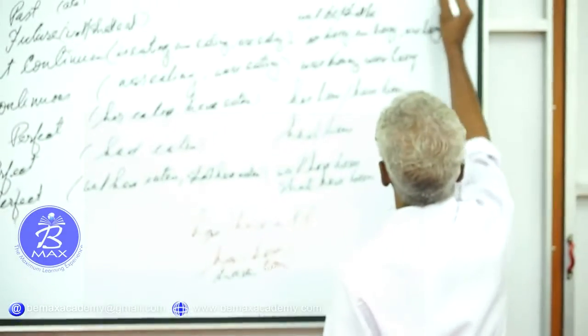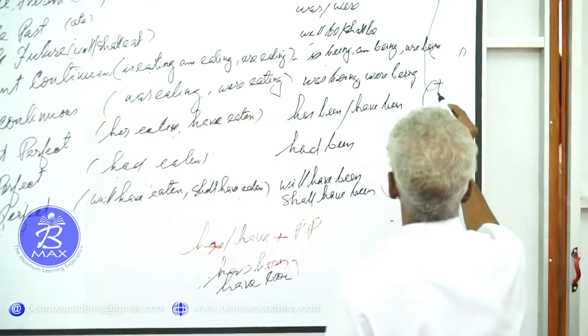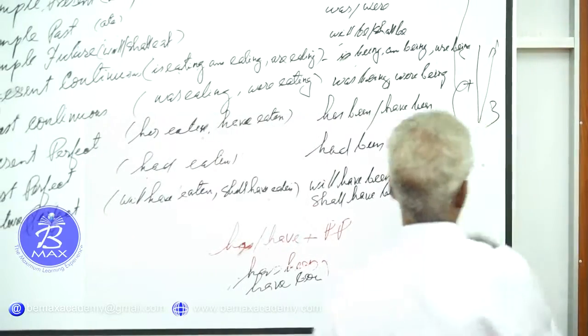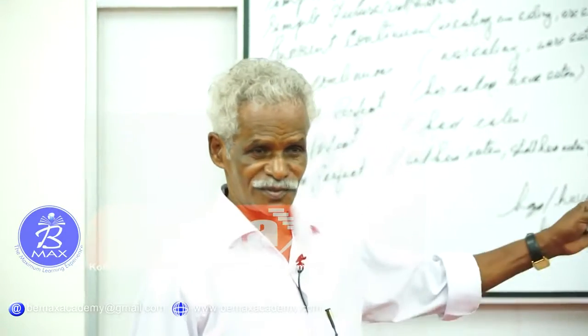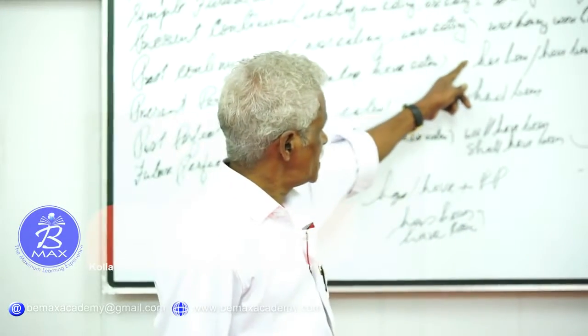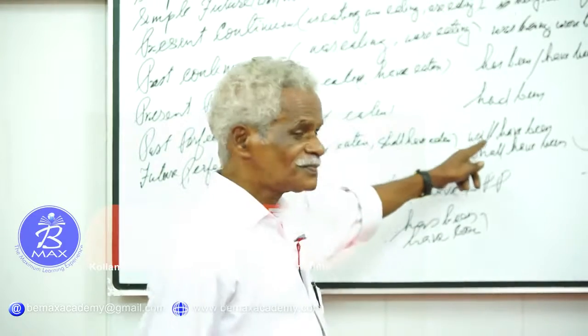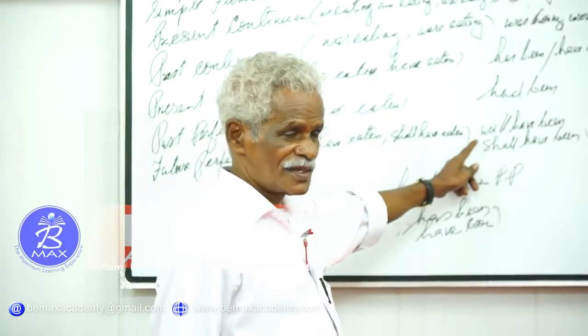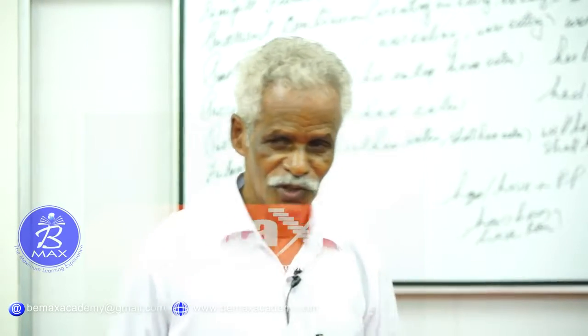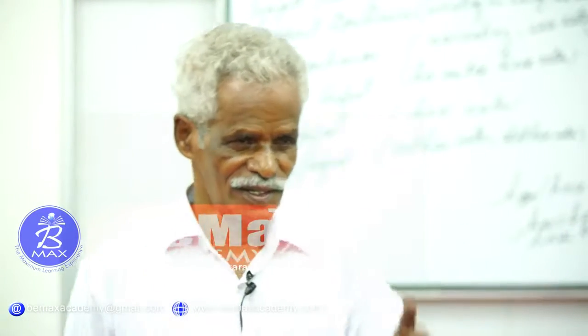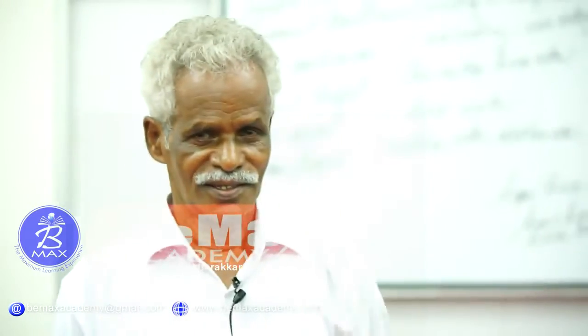And after this, we add the V3 form. Then it becomes the passive verb. Take the corresponding be form, tense form, and add V3. You get the passive verb. So passive voice is nothing but be plus V3. Okay, thank you.